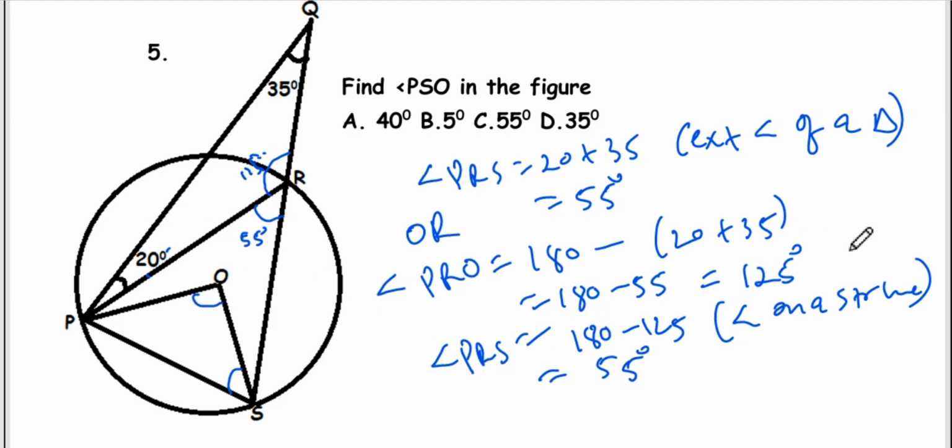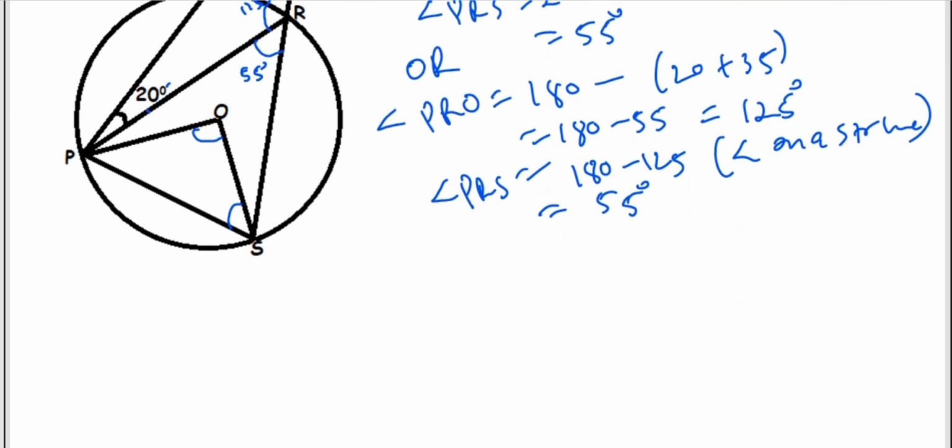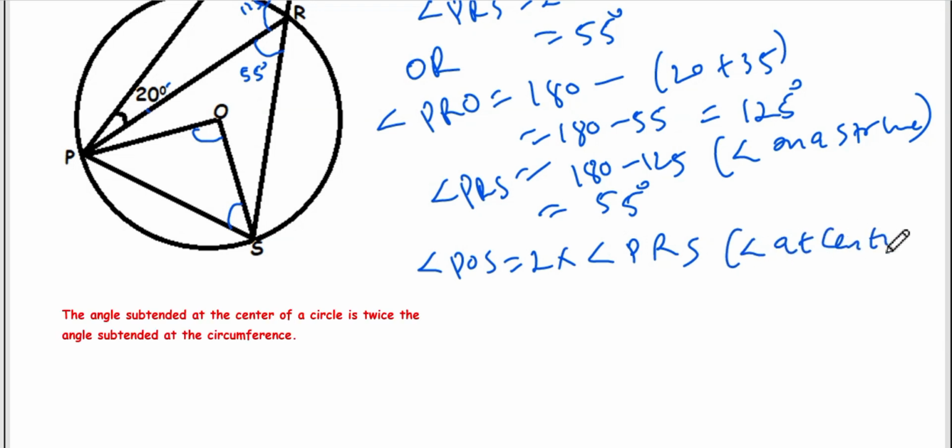Now since we've gotten this as 55, let's get this angle. Angle POS is twice angle PRS. This angle is twice this angle. That's angle at center. Angle at center is twice angle at circumference.